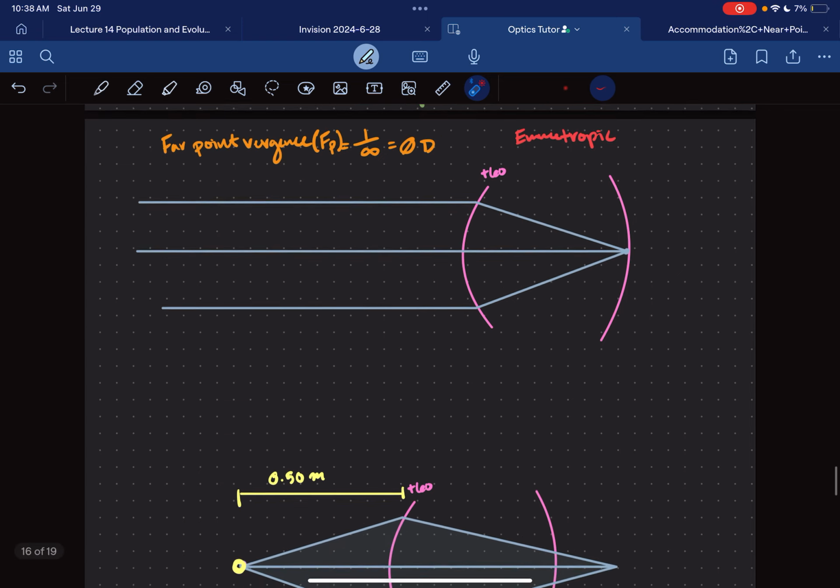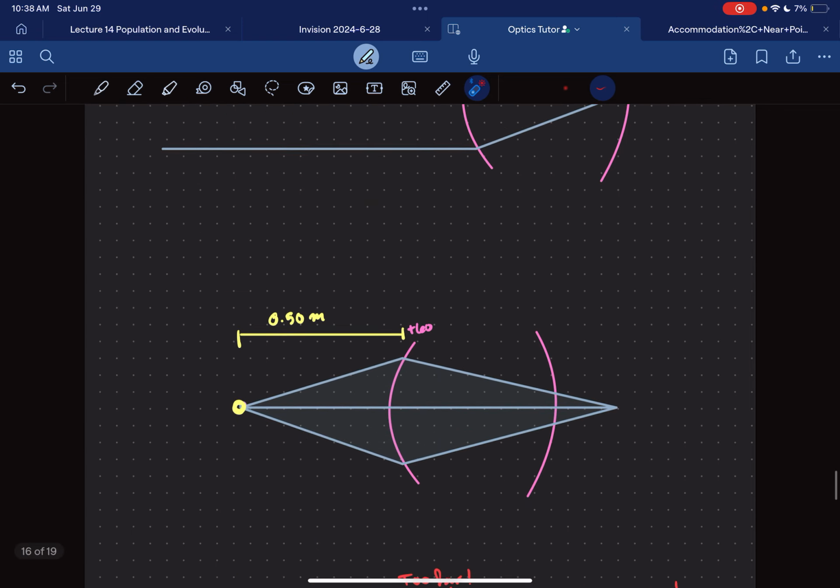But if we bring an object to 50 centimeters from an emmetrope, as we bring it closer, the focal point, or where the image is focused, will get pushed back as well. So if the eye doesn't do anything, it's not going to be clear. It's going to be blurry.